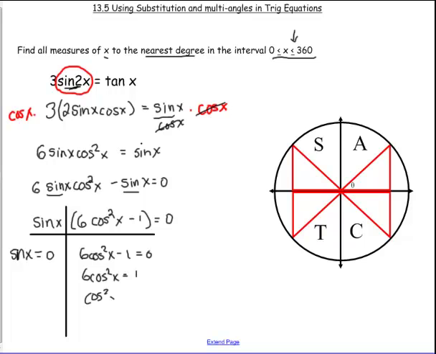Cosine squared x equals 1/6. And now I have to take a square root to get rid of a squared. But remember, when I take a square root, I have the positive answer and I have the negative answer.